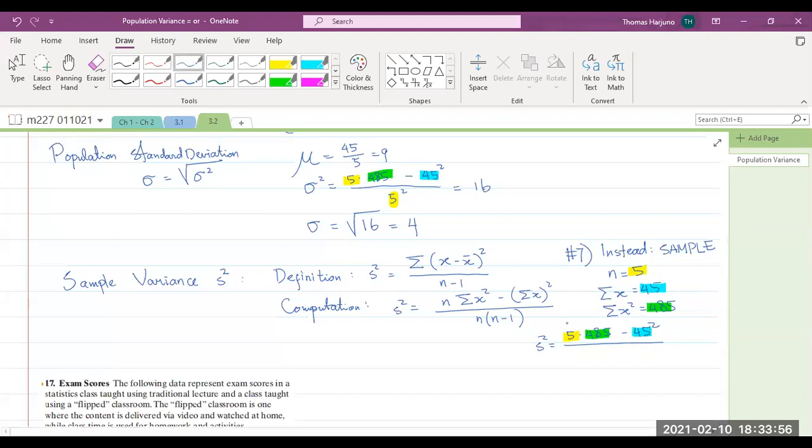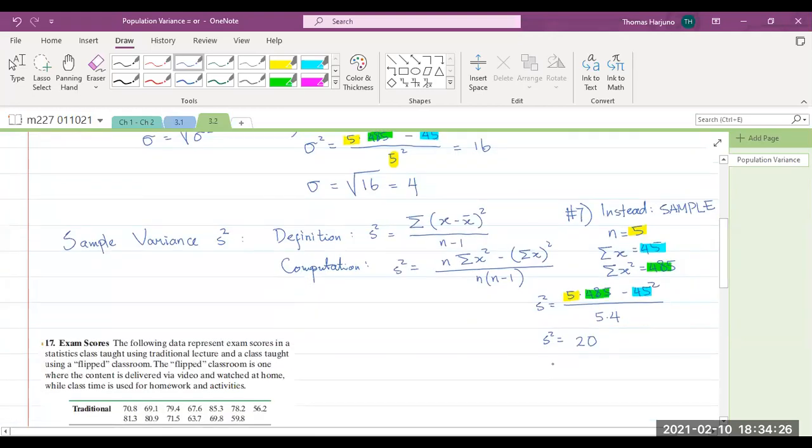Now the difference is on the denominator. Instead of n squared, it will be n times 1 less than n. So that will be 5 times 485 minus 45 squared divided by 20 instead. So the sample variance is 20.